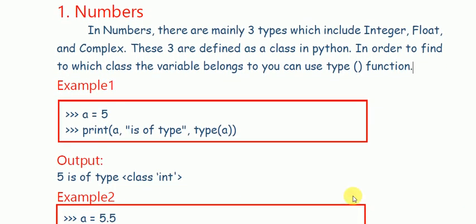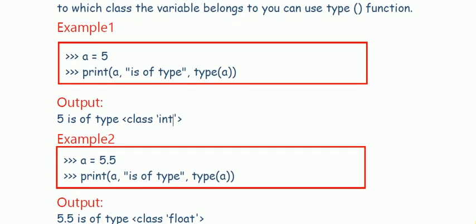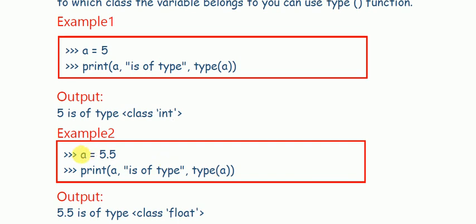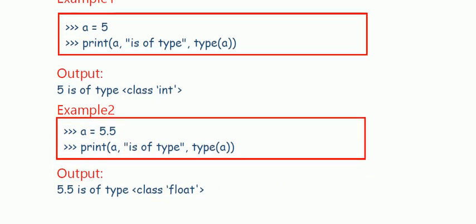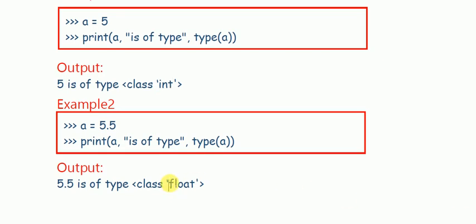Suppose integer a equal to 5, print the value. Then the type command is used on a, and it produces the result int. Now we pass a floating point value as a, and it produces the result float.